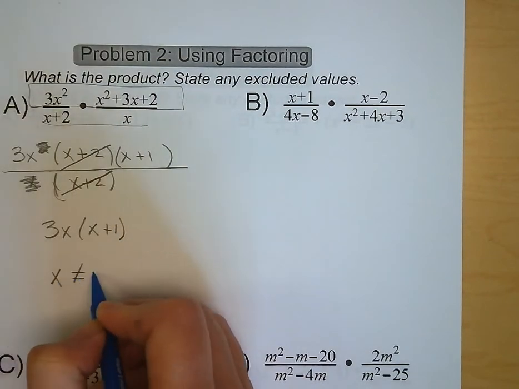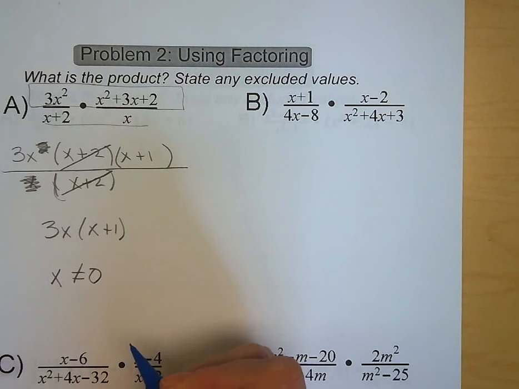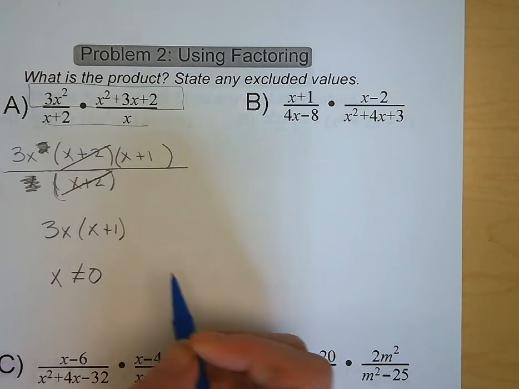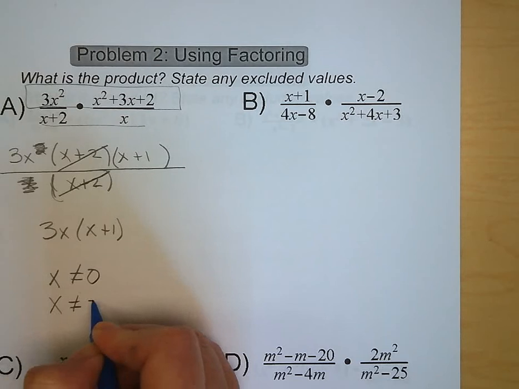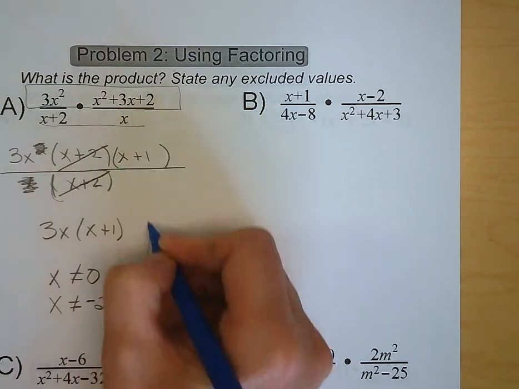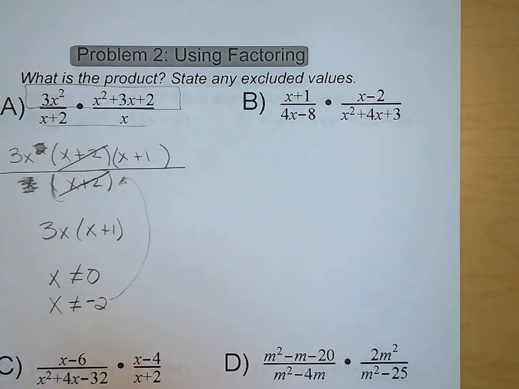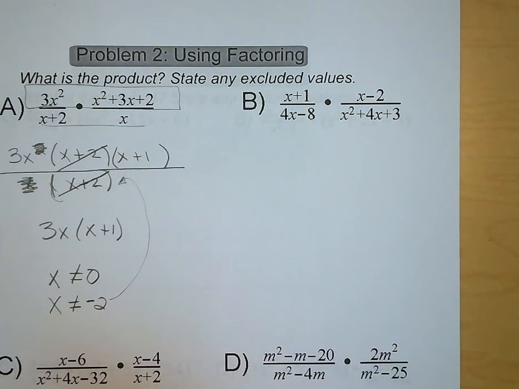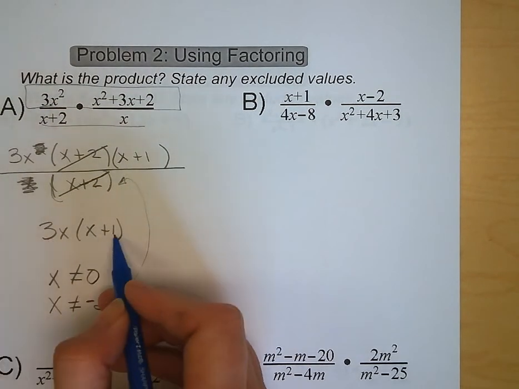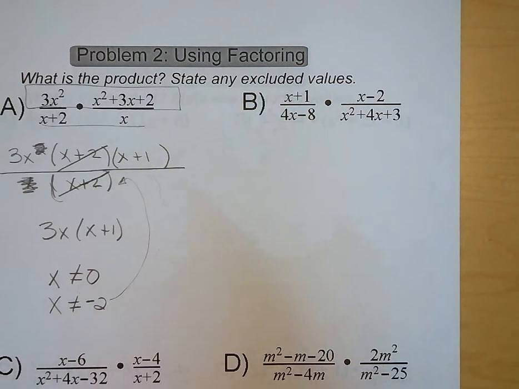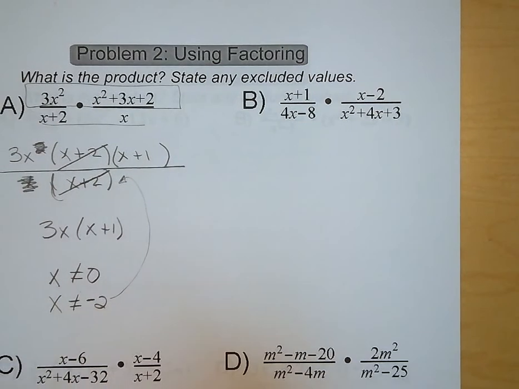And x cannot equal, well, in our denominator we can't have a 0, because that would make the second term undefined, and we can't have a negative 2 because it would make the first term undefined. So those are 2 excluded values. Do we want this distributed? Okay. All right.